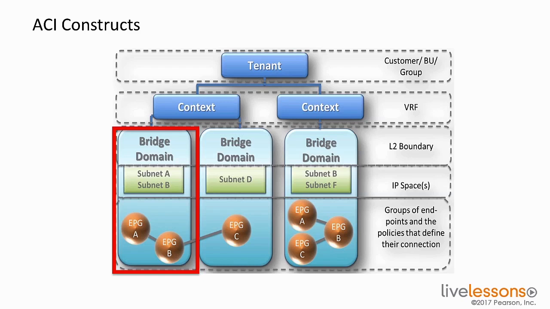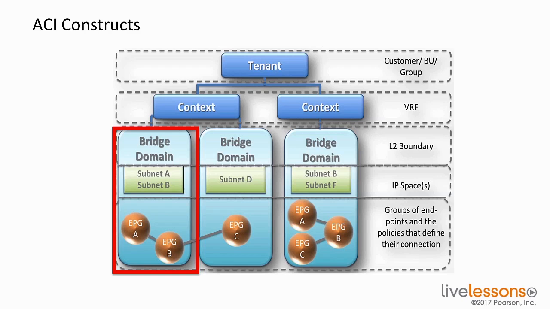So for instance, the devices in EPG A and EPG B, or group A and B, can both use the default gateways associated with subnet A and B. I can put any devices from subnet A and B in either EPG group A or EPG group B.